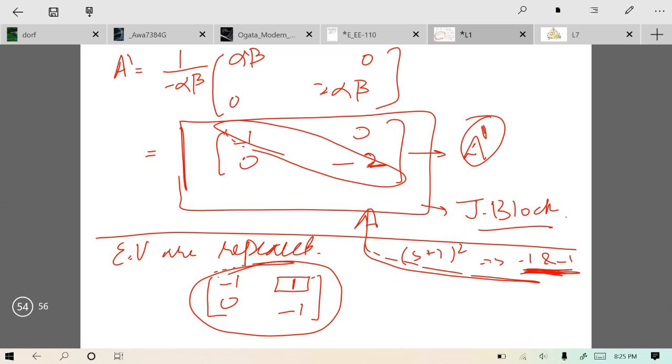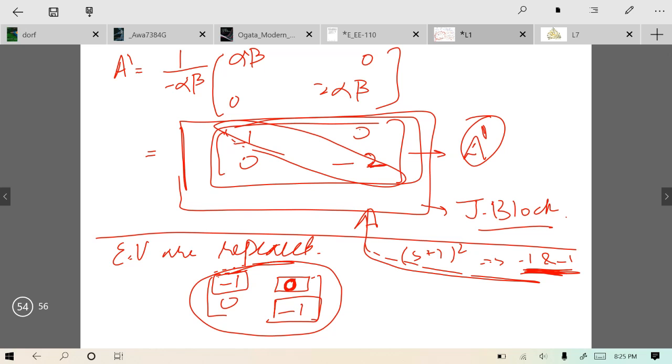If its nullity is 2, then it will be 0 over here, and there will be two Jordan blocks, one this and one this, because this is repeated. In case of distinct, this complete was one Jordan block.